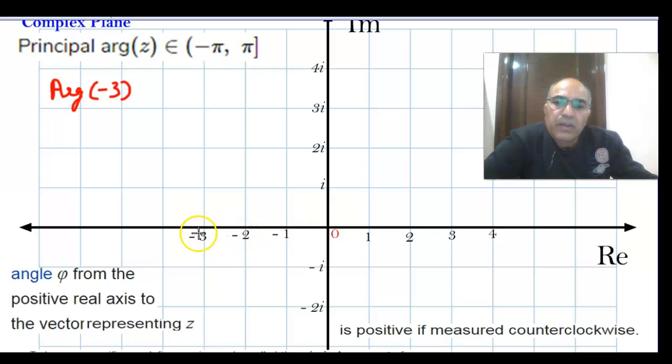First of all, minus 3 is represented by this point, and the vector representing minus 3 is this vector. It makes an angle of pi with the positive real axis. That is this angle pi.